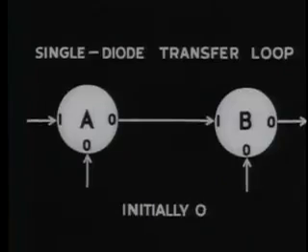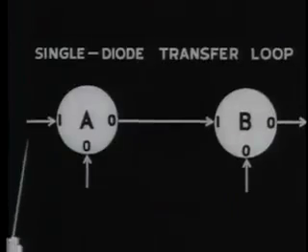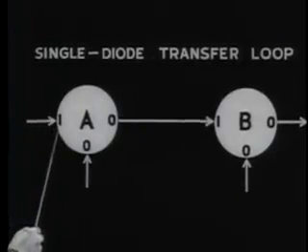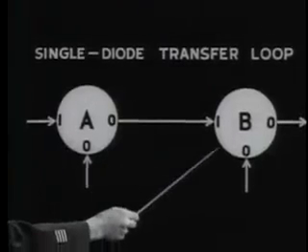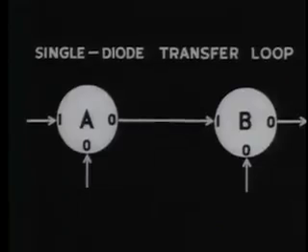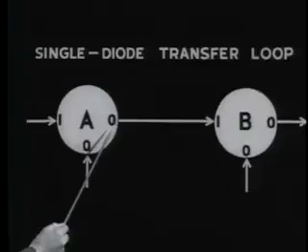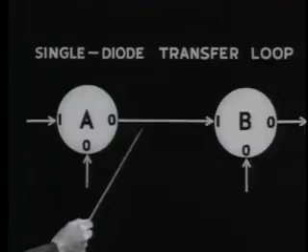In the single diode transfer loop, we assumed that both cores were initially in the binary 0 state. A non-dot input pulse switched core A to the binary 1 state without affecting core B. Later, a dot pulse applied to the shift winding cleared core A back to 0. The flux change in core A produced an output there.